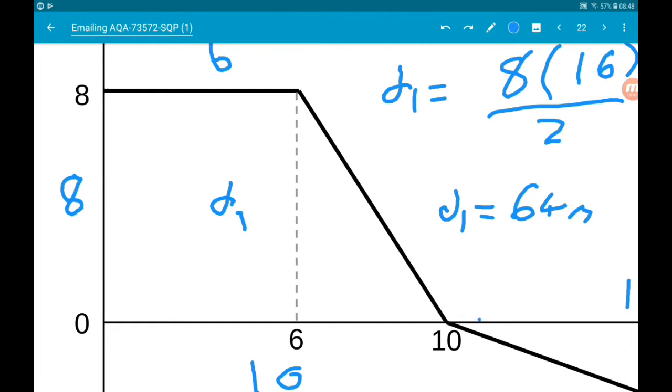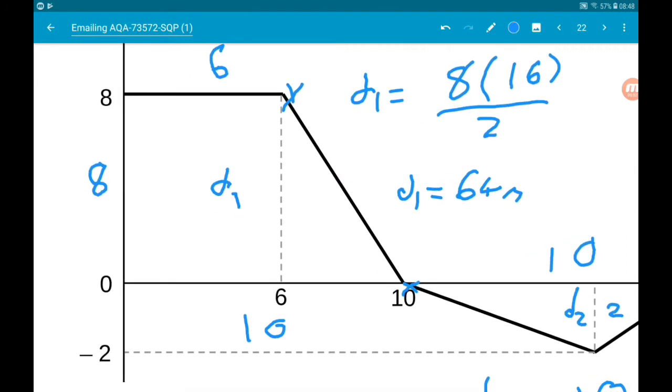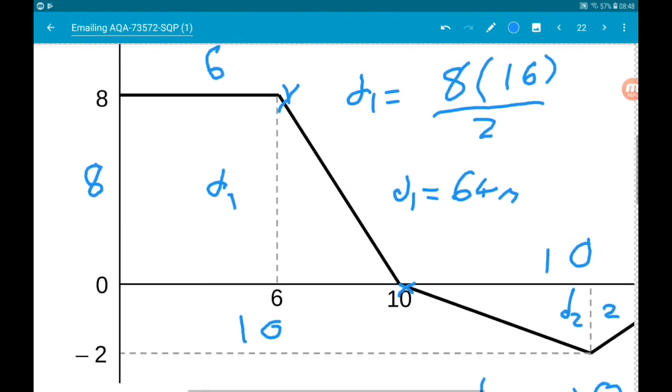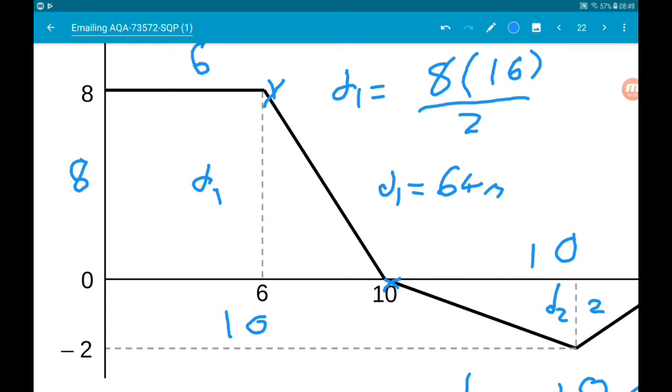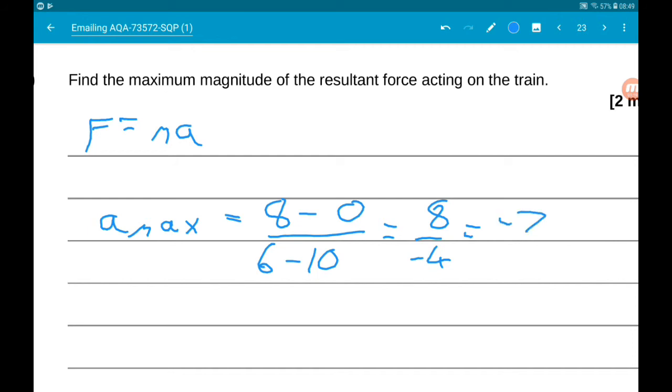The steepest part of the graph is this section here. So the acceleration would be, if we do it as 8 minus 0 over 6 minus 10, 8 over minus 4, which gives us minus 2.